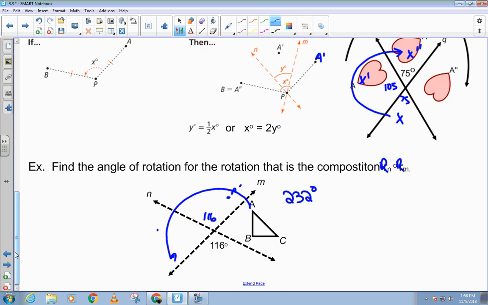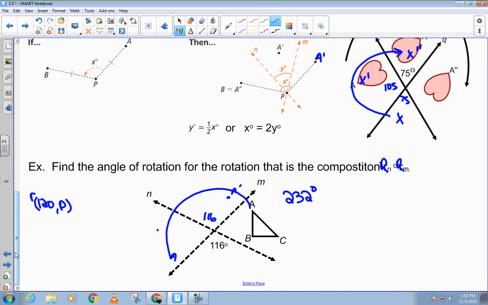Now, what if I gave it to you like this? Let's say I had a rotation of 120 degrees about point P. Okay? Rotation 120 degrees about point P. If I were going to do a reflection over 2 lines, how should the lines intersect?